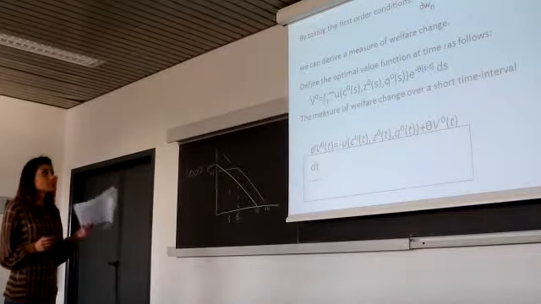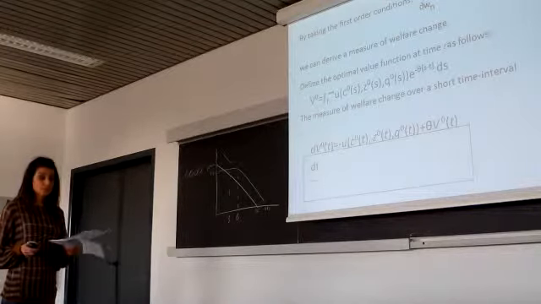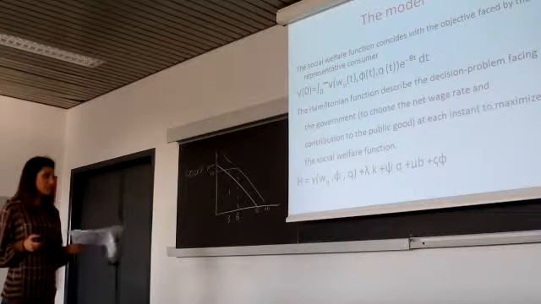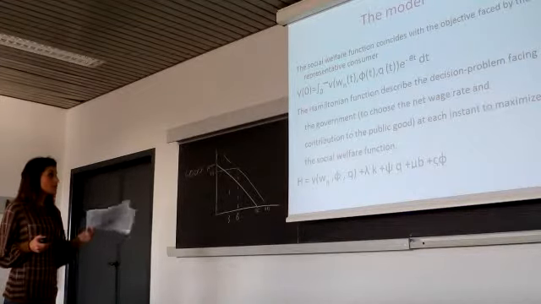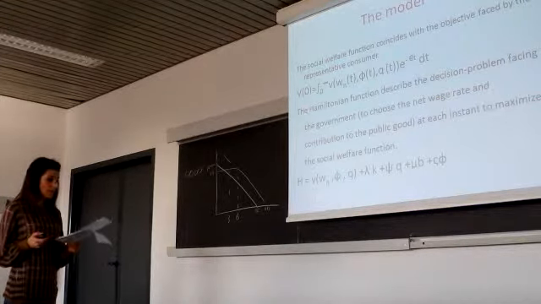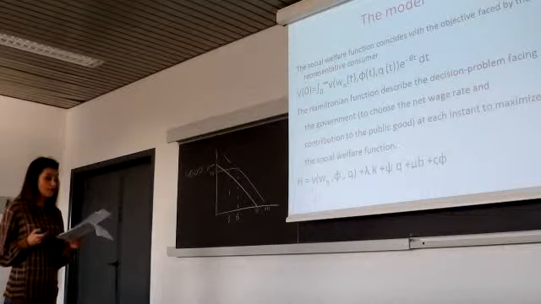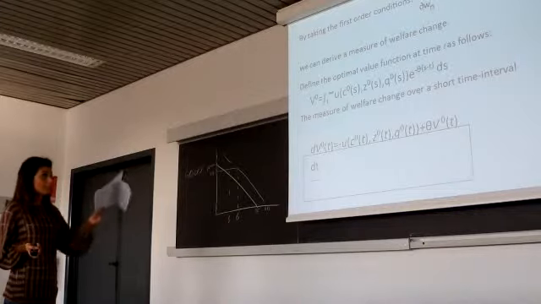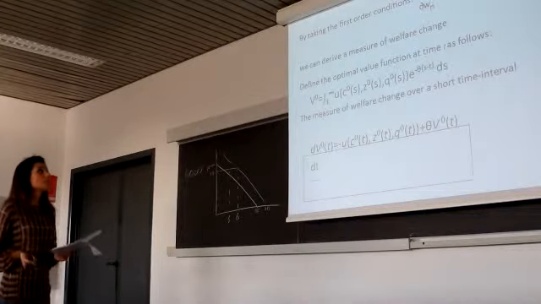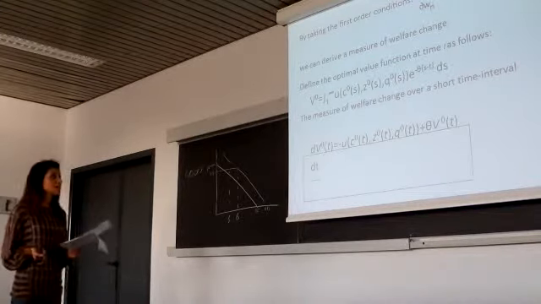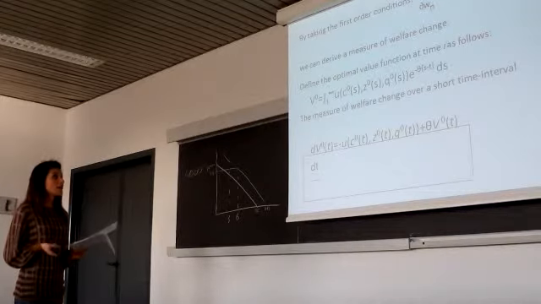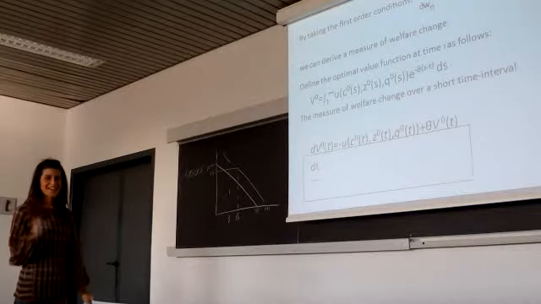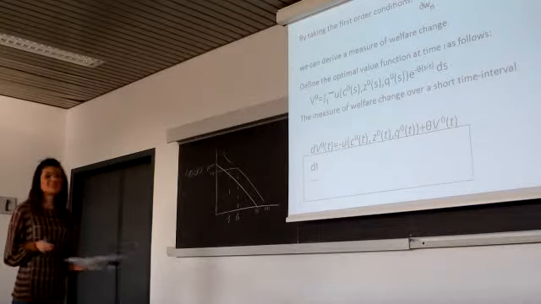By taking the first order conditions of this function, the Hamiltonian function, we can obtain a measure of welfare change, and then they also define the optimal value function at time t.